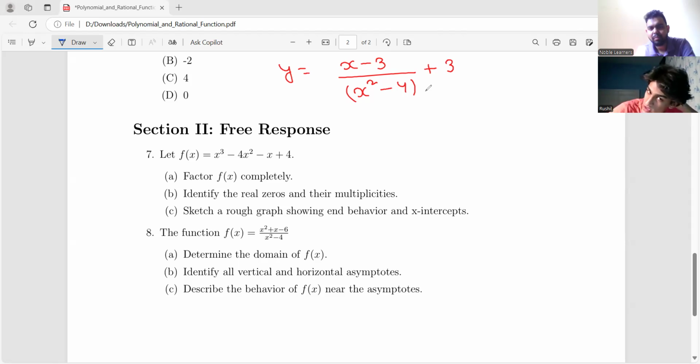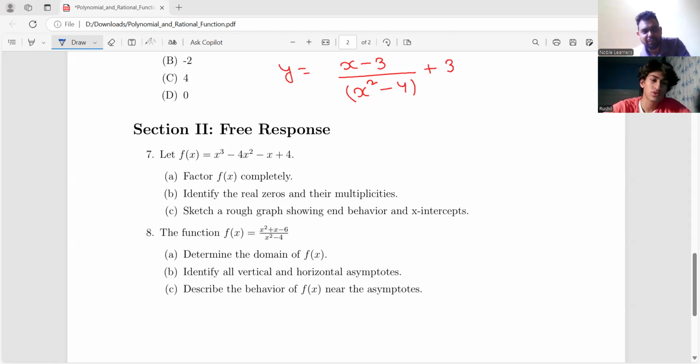Does it still follow the same rules? Yeah, it is going to follow, no doubt about that. So what's the answer? So it's still just y is equal to 0 then. 0, and then it is going 3 units up. So y is equal to 3.